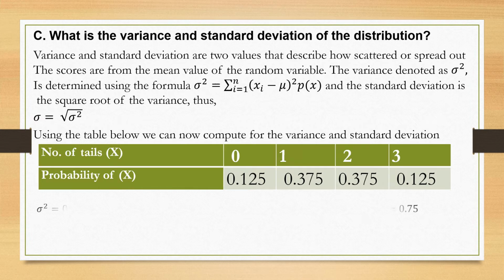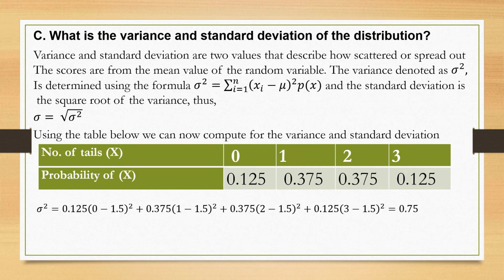So we have here for the variance 0.125 times 0 minus 1.5 to the power of 2. So 0.125 is the probability, p of x, times the quantity of 0, which is referring to the first outcome, minus the population mean, which is 1.5 to the power of 2.